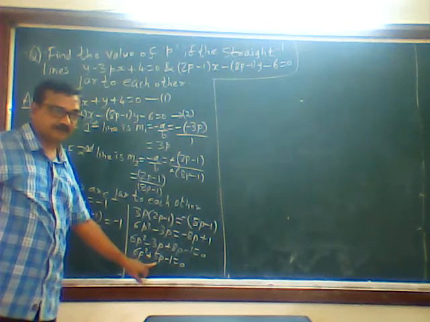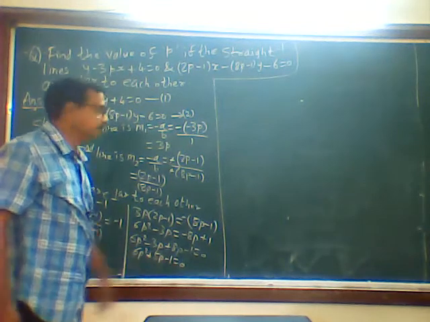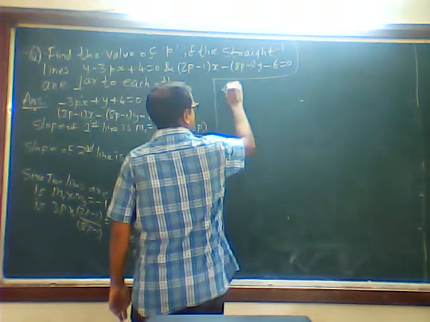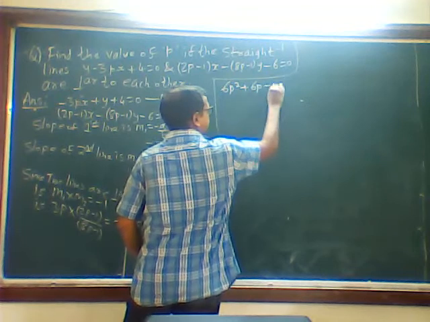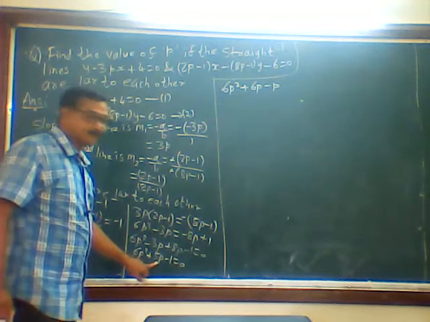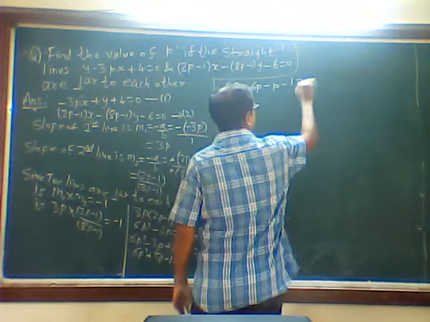6 minus 1 I'll get 5p, and 6 into minus 1 is also the product, minus 6. Got it? So I'll write here 6p square plus 6p minus p. 6p minus p will get me 5p. Minus 1 is equal to 0.